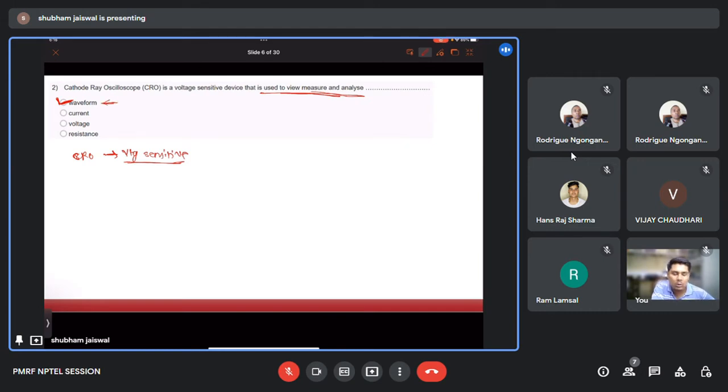Depending on the change in voltage, we can see the waveform on the CRO. Sometimes people get confused and answer voltage, but here they have clearly mentioned it is a voltage sensitive device that is used to measure and analyze the waveform.